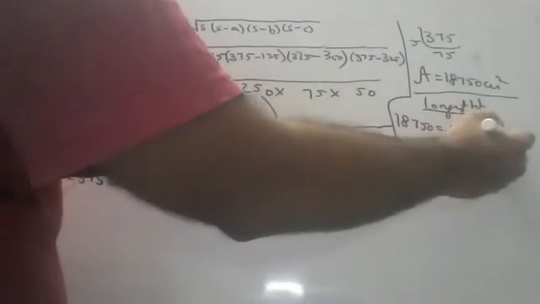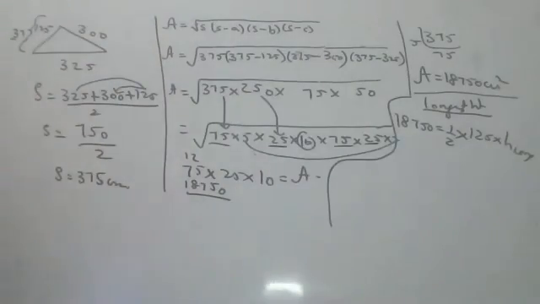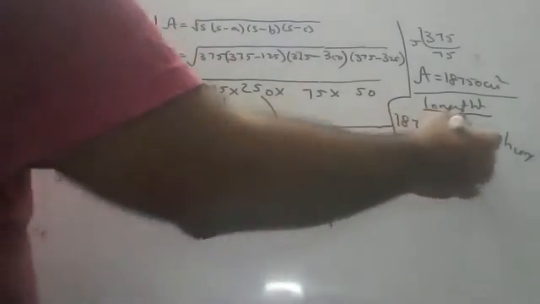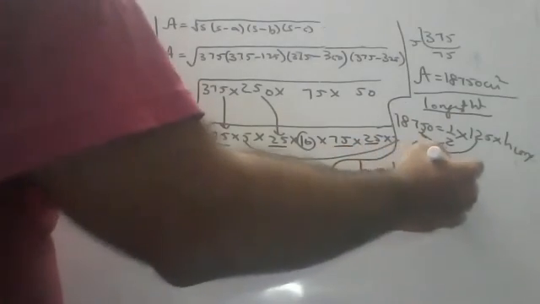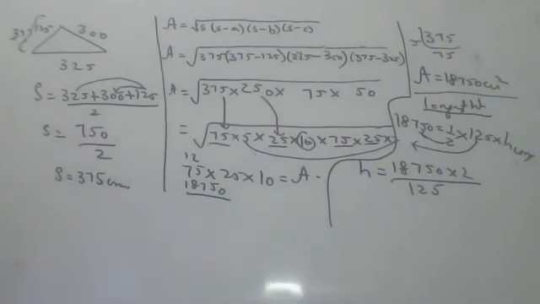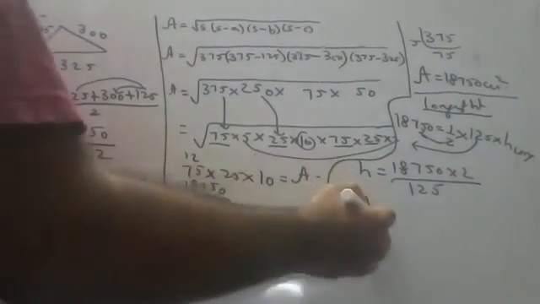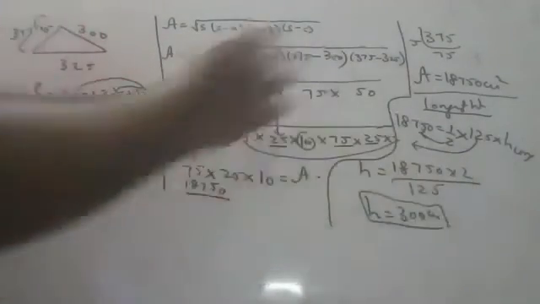We have to take the shortest side for the longest height. So h is equal to 18750 into 2 by 125. If you solve, you get 300 centimeters.